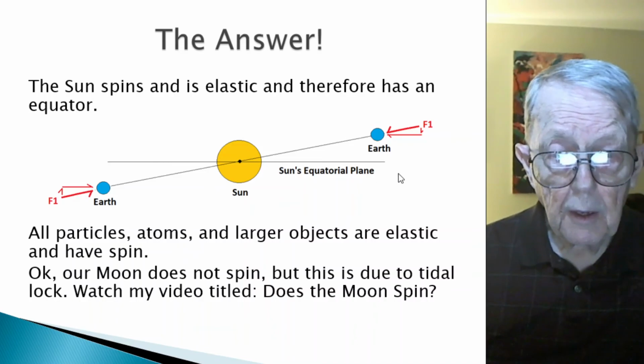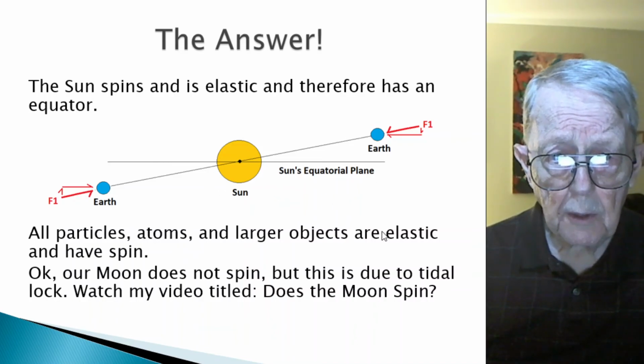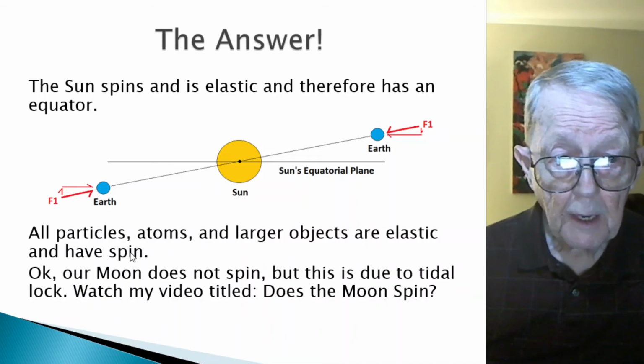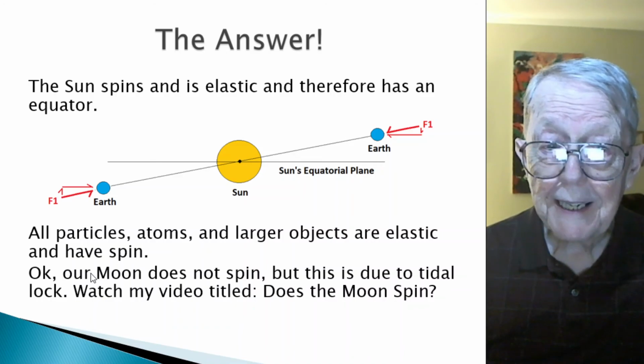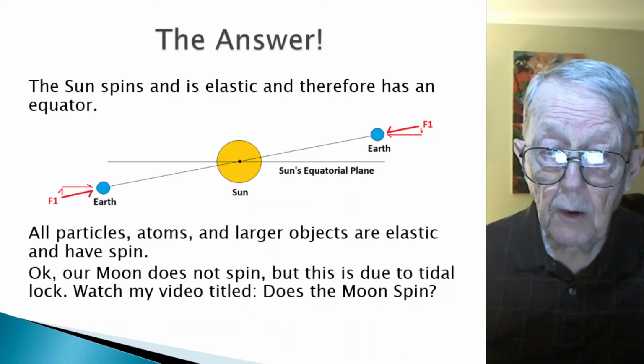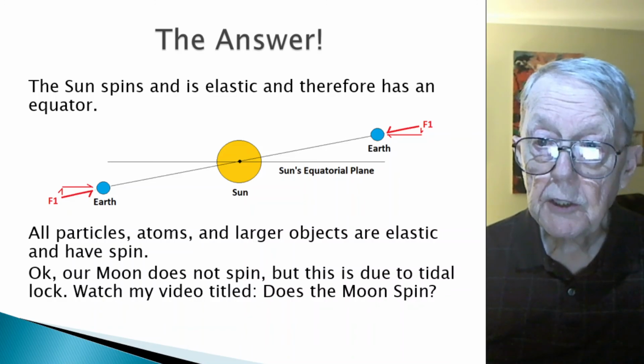So everything, all particles and atoms and larger objects, are elastic and have spin. That's my opinion. Okay, our moon does not spin, but this is due to tidal lock. Watch my video titled Does the Moon Spin?